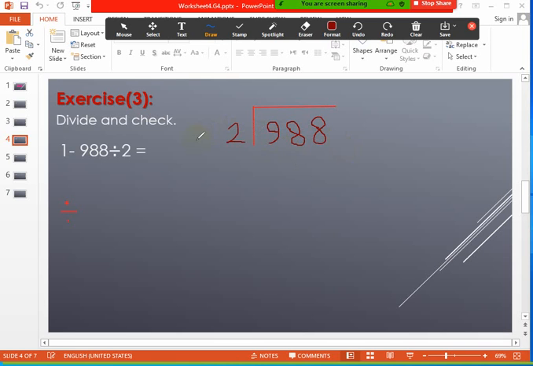What's the number? What is the number? If I multiply it by 2, it will give me the closest number to 9. Very good. It's 8. So which number, if I multiply it by 2, the answer will be 8?